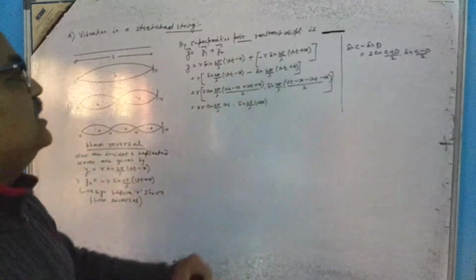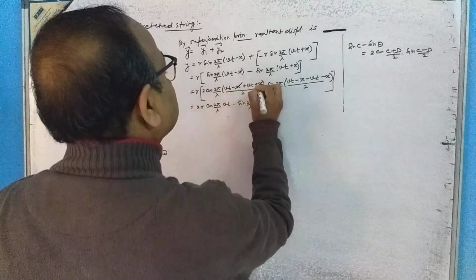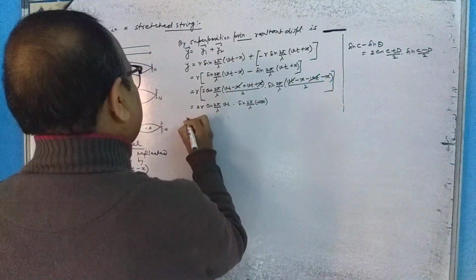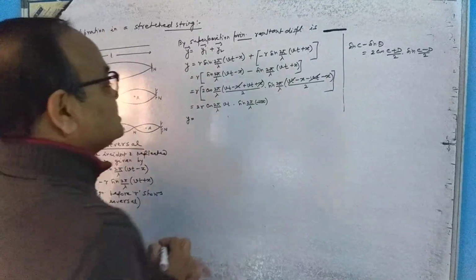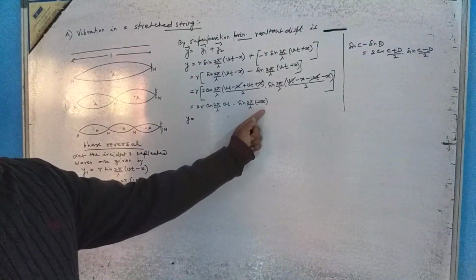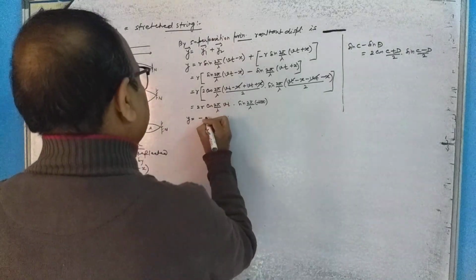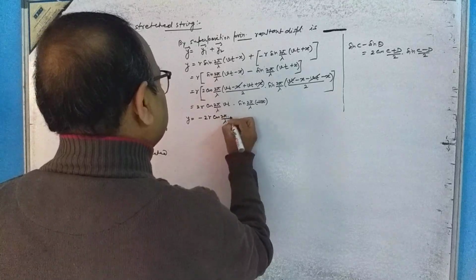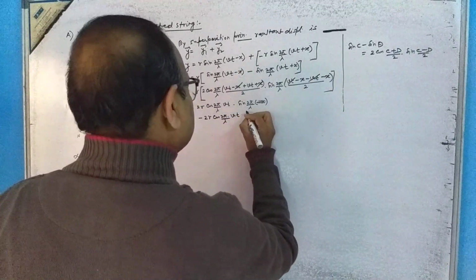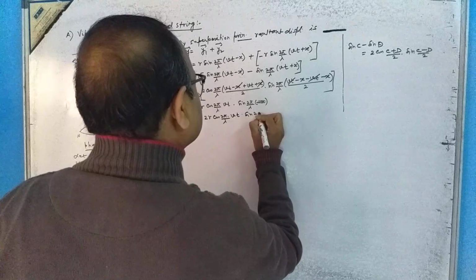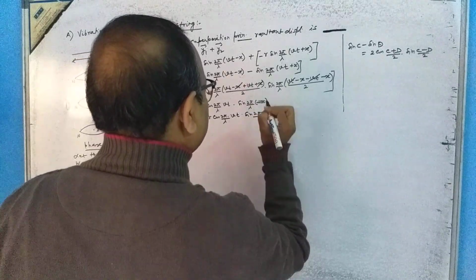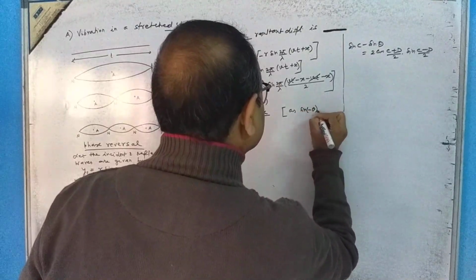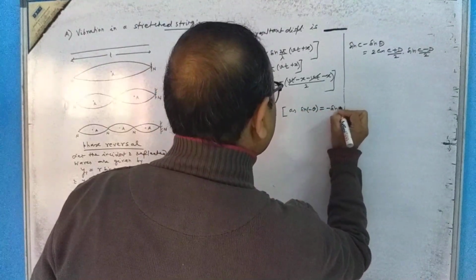Minus x, because x and x cancel, Vt and Vt cancel, and here we can write sine minus theta is minus sine theta. So I write here minus twice r cos twice pi by lambda Vt into sine twice pi x by lambda.